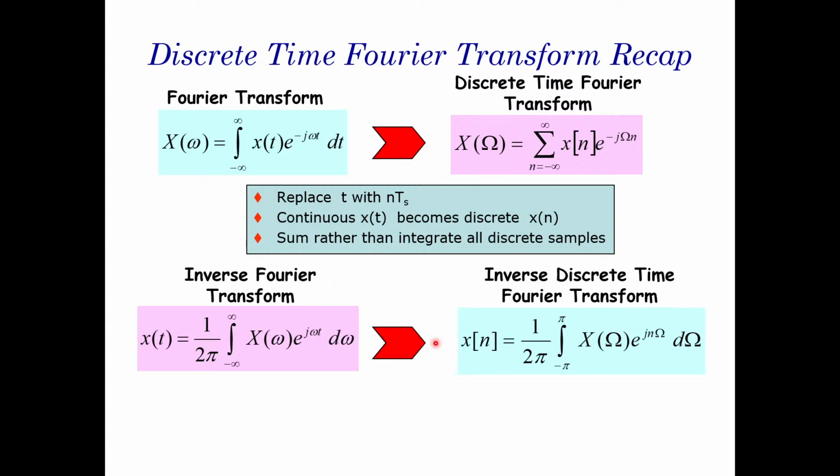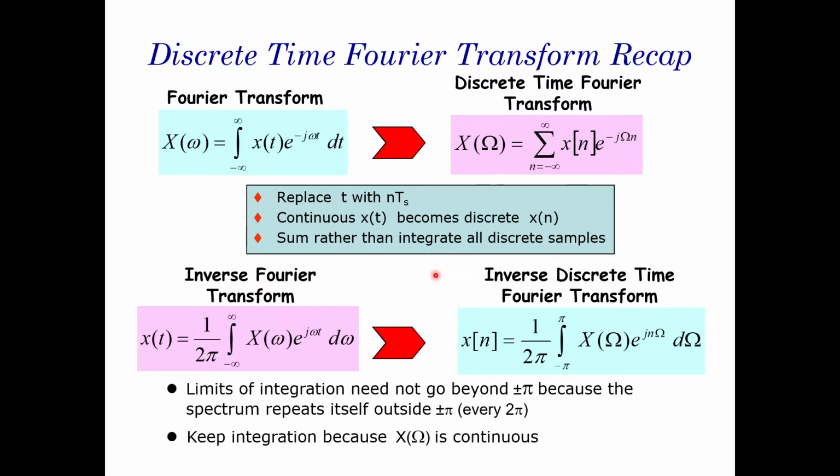it was possible for us to formulate an inverse Fourier transform and an inverse discrete time Fourier transform. We saw in particular that the integral limits here went in between minus pi and pi, but this is still an integral, so this still gives us a continuous representation.